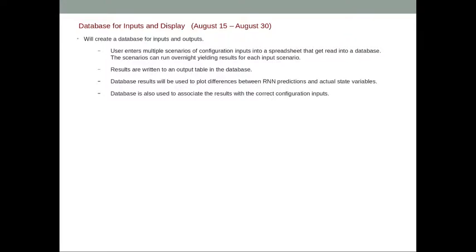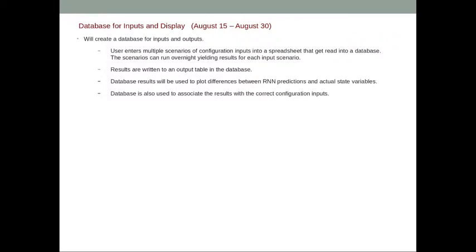So how will this database be used on the input and output side? For inputs, we have to think about how the program is working. It potentially takes several hours to train a data set. So a nice way to go about this would be to have several input parameters and scenarios set all at once, and then feed these parameters into the program, which will run several training sets overnight.